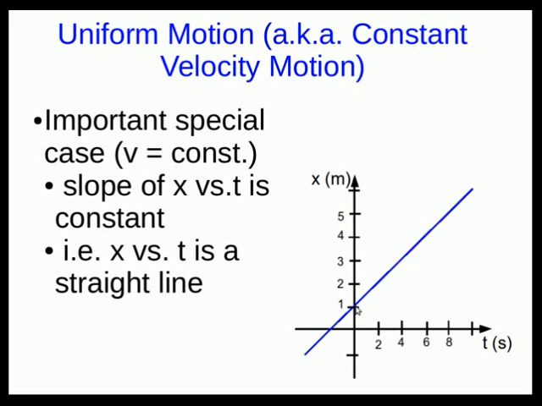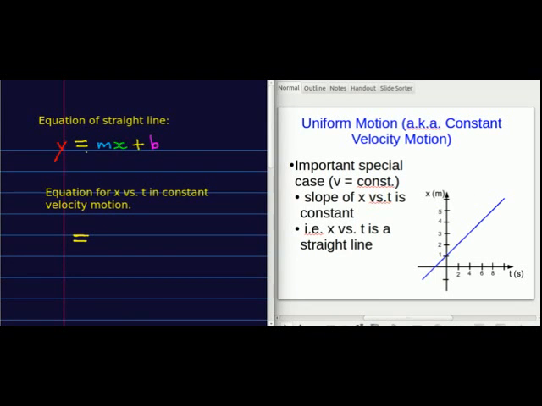So let's start putting this into an equation form. We've been working on going back and forth between motion diagrams and graphs and descriptions. Now let's go to equations. So you all know the equation of a straight line, y equals mx plus b. I'm sure you've had it hammered into your heads.